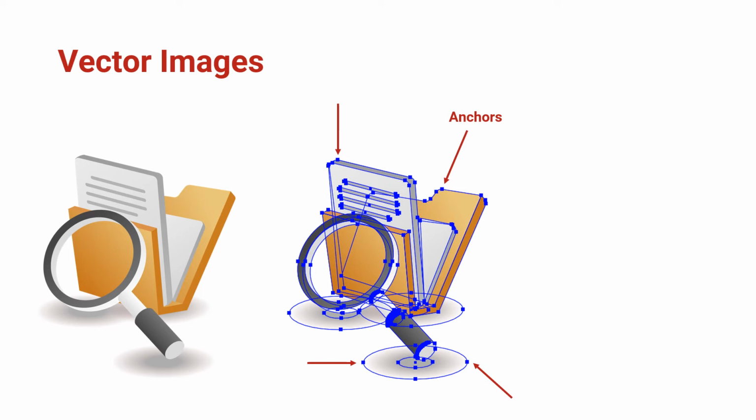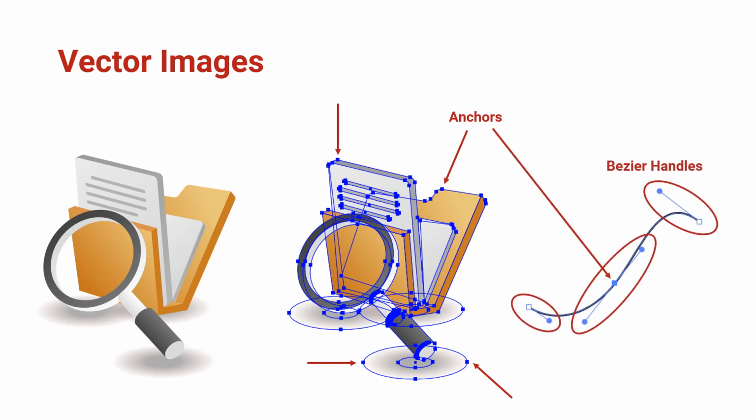Those dark blue dots have Bezier handles attached to them that allow for you to adjust the curvature of any lines. The software calculates the mathematical ratios of the distances between the different anchor points and accounts for the angles created by the Bezier curves to create a scalable graphic image that stays sharp no matter how large you make it.